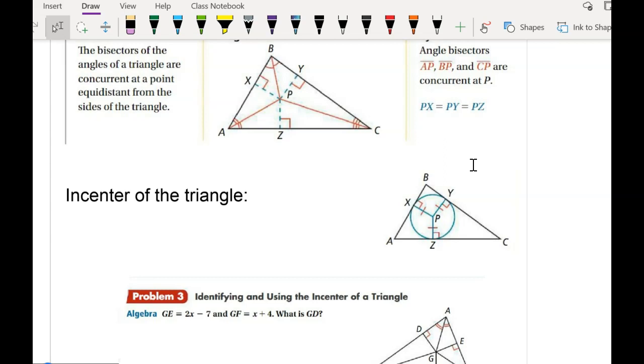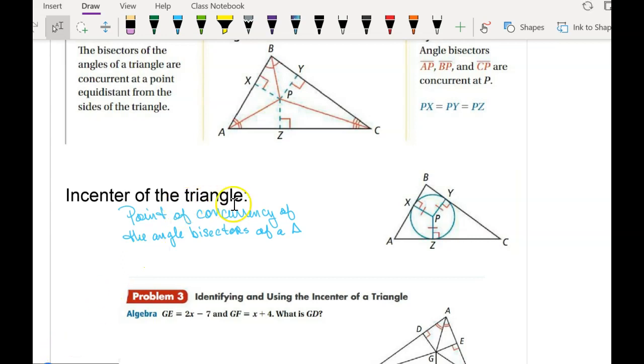The point of concurrency of the angle bisectors of a triangle is called the incenter. In this diagram, X, Y, and Z are equidistant from point P, which is the incenter of triangle ABC, and is the center of the circle that is inscribed in the triangle.